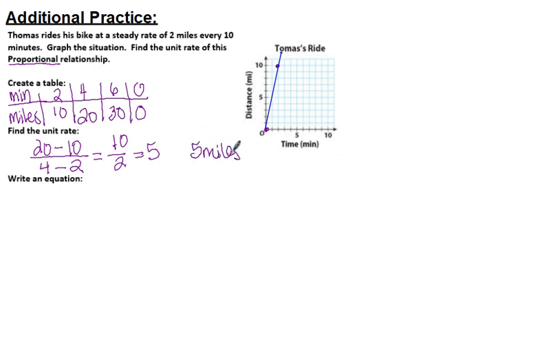There's my first quantity, right? My first quantity is always this, per 1 of the second quantity. And that's because, remember, slope is y's over x's. So it's miles per minute, right? So 5 miles per 1 minute. That's because our slope was 5. So then our equation is just y equals 5x.